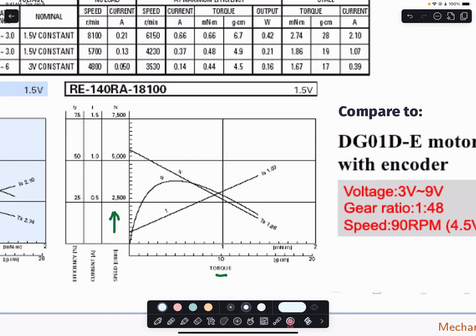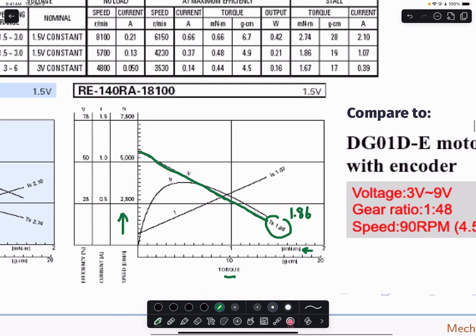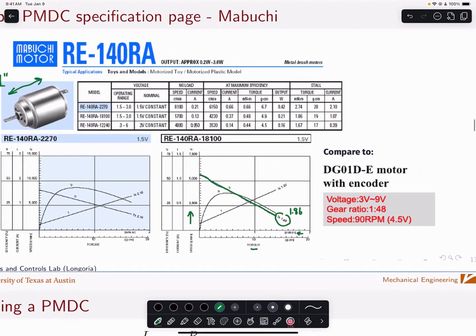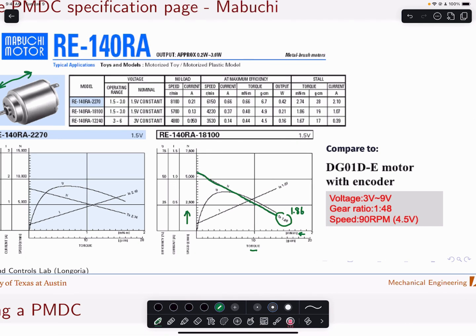And so you can see that the torque speed curve here is linear. This says stall torque is something like 1.86, and the units here are milli-newton meters. A very small motor. But again, a lot of times you need to gear these motors to get sufficient torque. These are very high speed, like this 7,500 RPM, so you really gear those down to get that torque up.